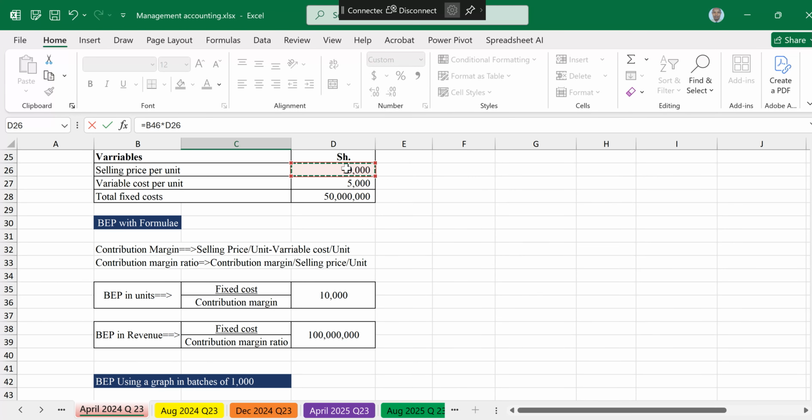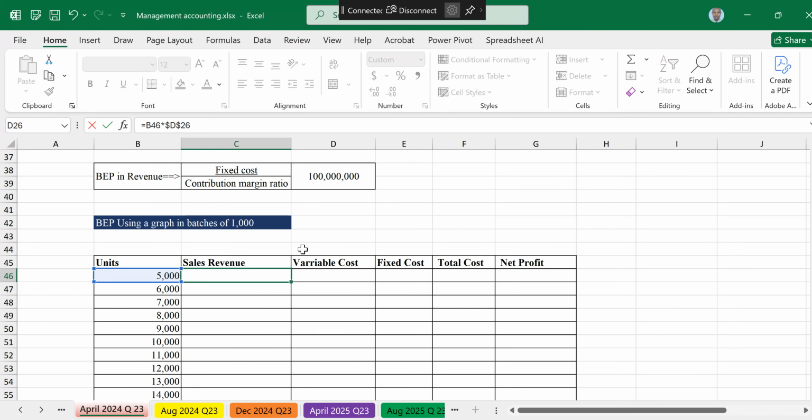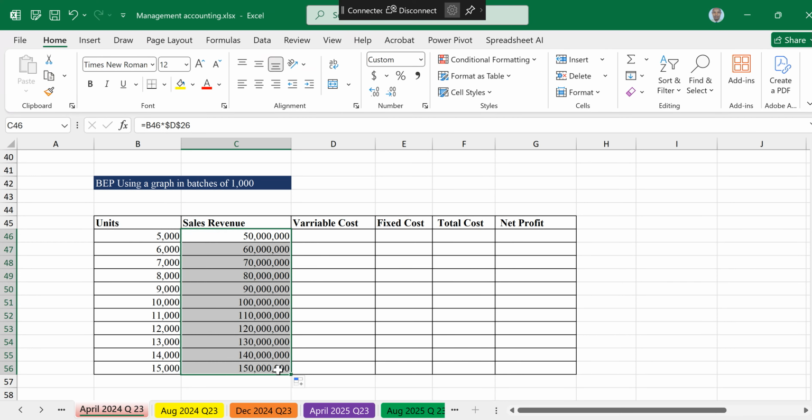Now you can lock that with absolute cell referencing. You lock the 10,000 that is up there on variables, sales price per unit, enter, drag down.